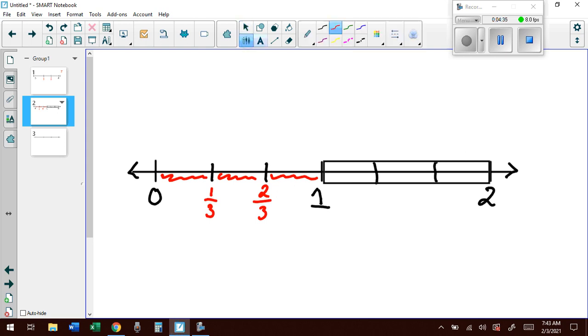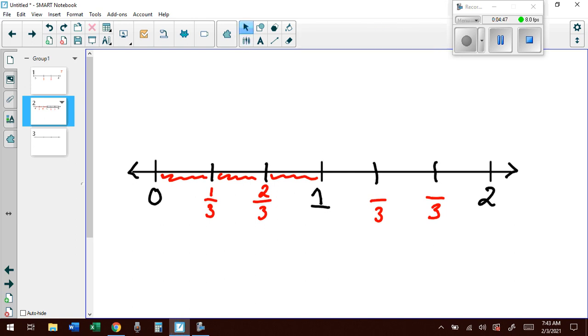Thirds. Again, I have 1 colored in for 1/3, 2 colored in for 2/3, 3 colored in for 3/3.